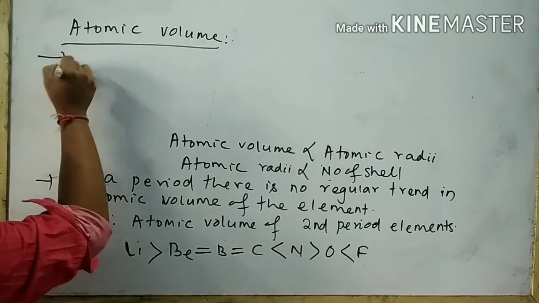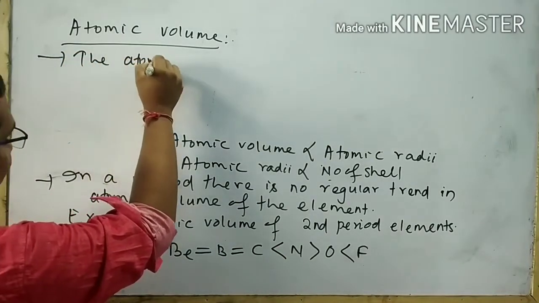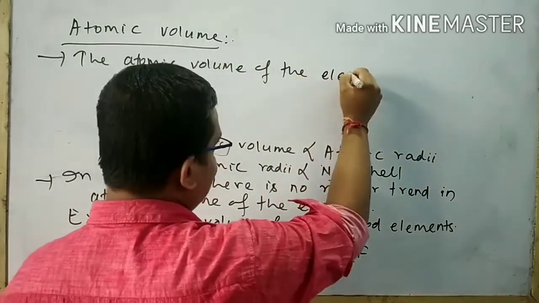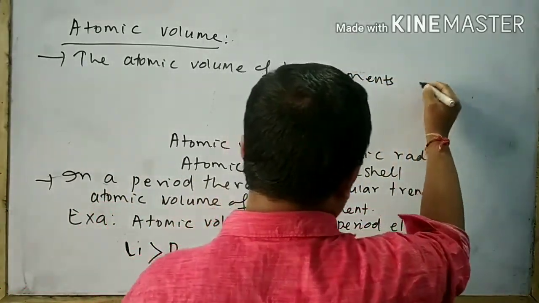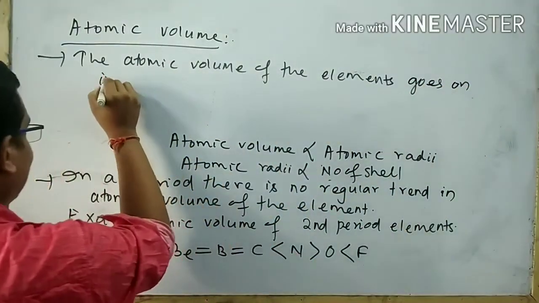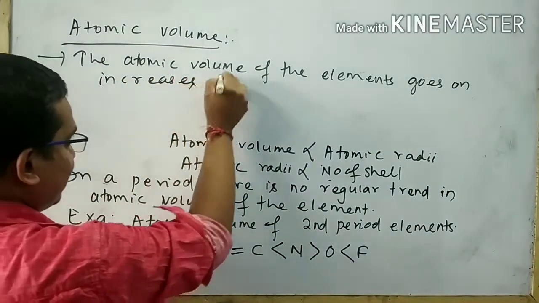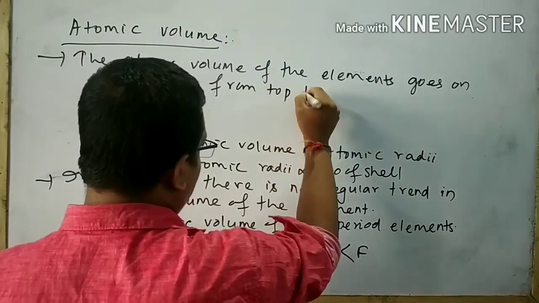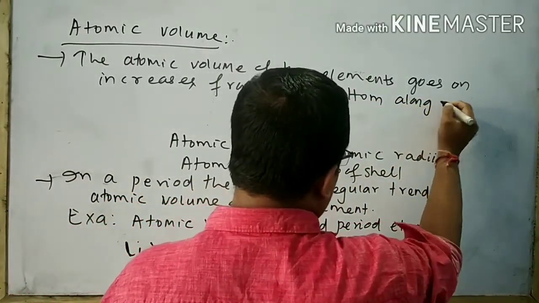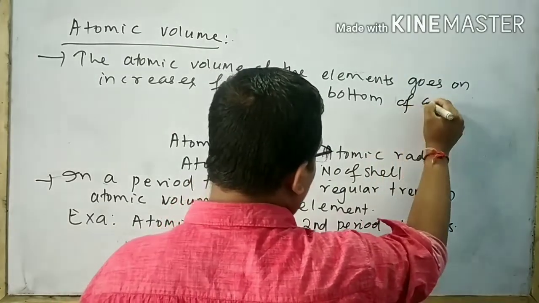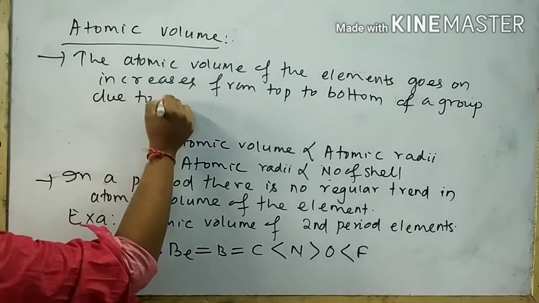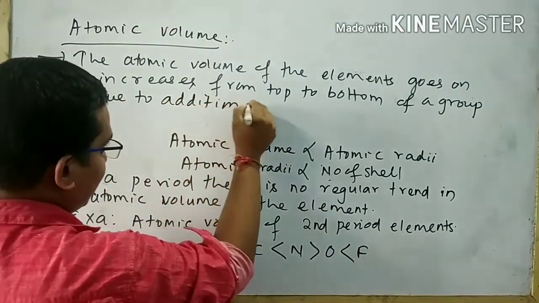So we can write: the atomic volume of the elements goes on increasing from top to bottom of a group due to addition of new shells.